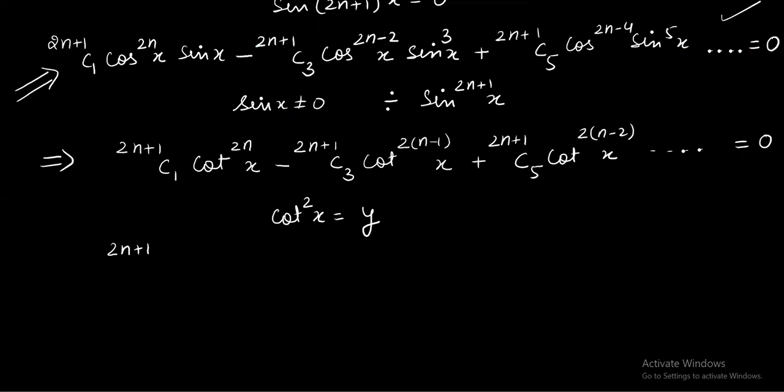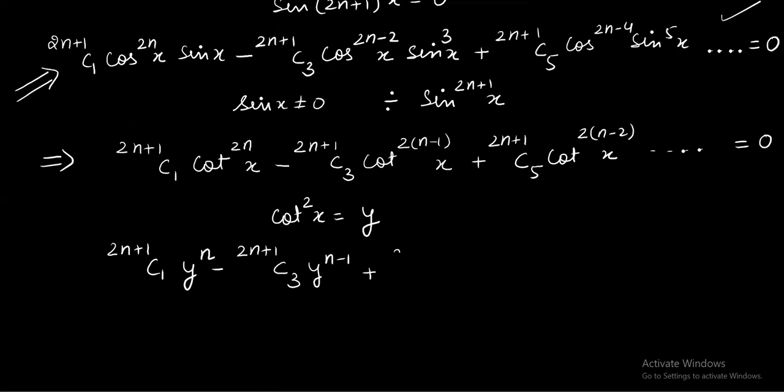We will have (2n+1)C1 y^n minus (2n+1)C3 y^(n-1). The first term, you can see, is not y square; since we are keeping cot square x as y, it will become y raised to the power n.